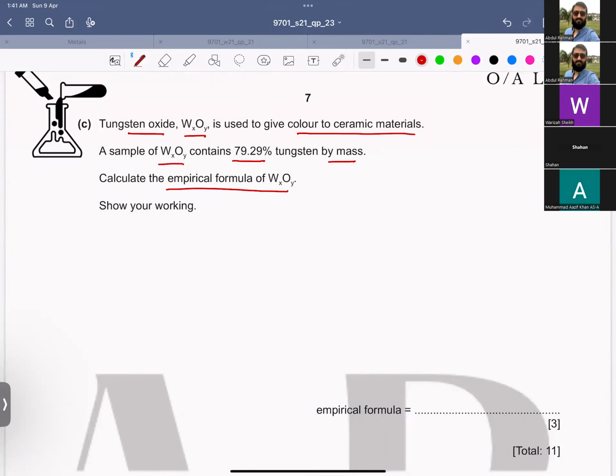I know the mass of tungsten is 79.29, so first I have to find the mass of oxygen. The mass of oxygen in tungsten oxide would be 100 minus 79.29, which is 20.71.